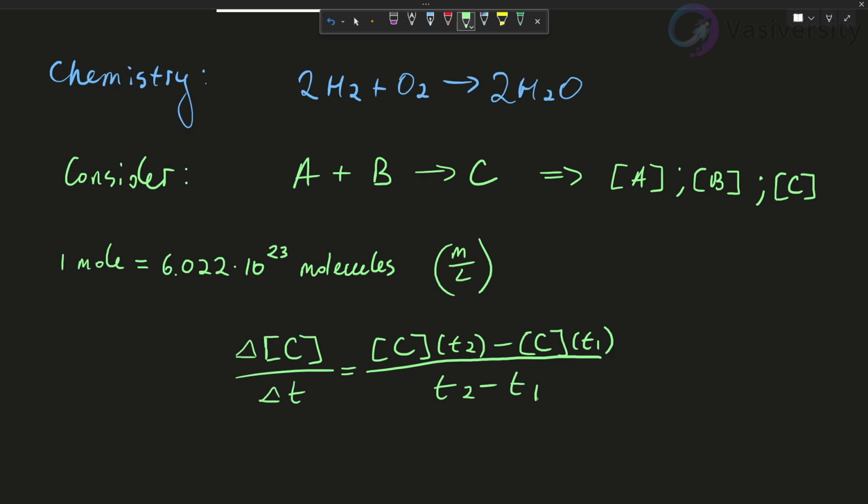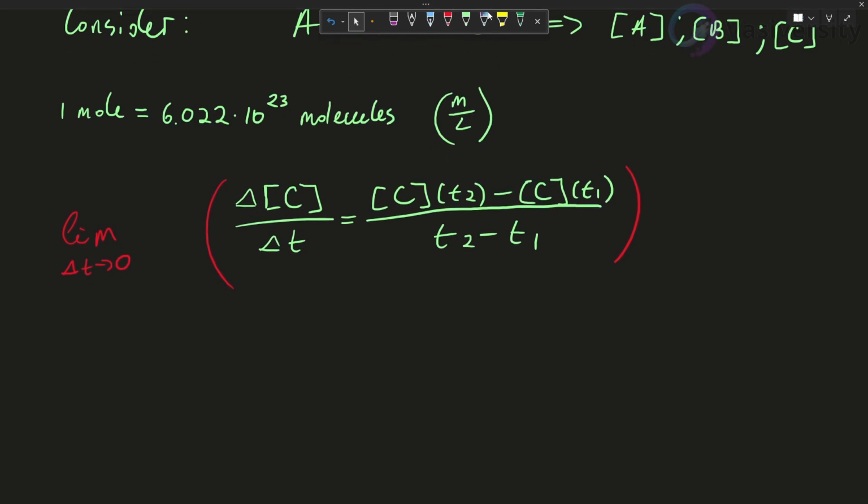But as chemists, we would be more interested in the instantaneous rate of the reaction, which is obtained by taking the limit. So if we take the limit as delta t approaches 0, we would essentially end up with d of the concentration over dt, right?